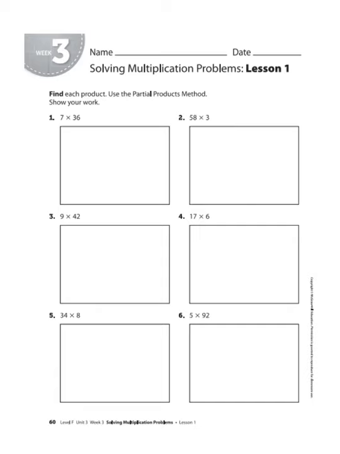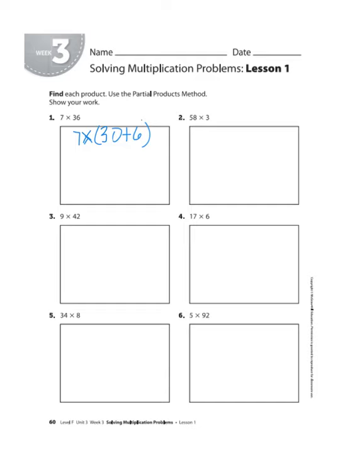So for number 1, 7 times 36. So step 1, I'm going to break apart my 36. So this is going to be 7 times 30 plus 6. Let me fix my 30 here. And that's a multiplication sign. Okay, so 7 times 30 plus 6.